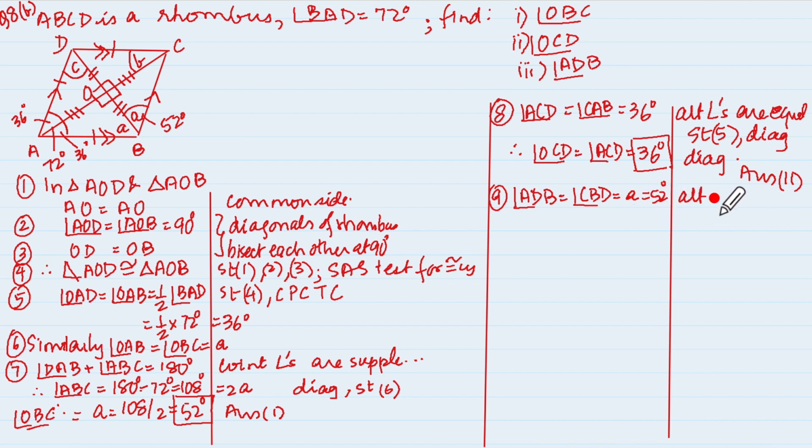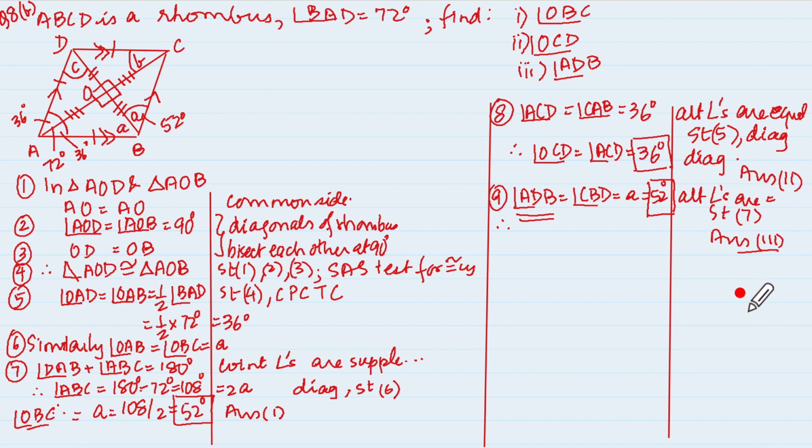This will be again because alternate angles are equal, and also which statement said A is 52? Statement 7. ADB we have written. Okay, so that is going to give us our ADB as the answer 3.